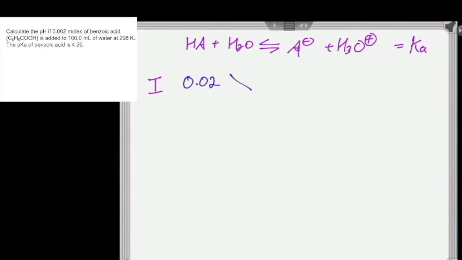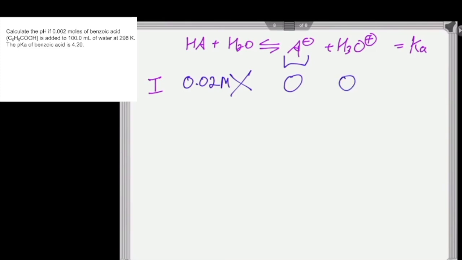You can do it with moles too. Just be really careful about the volumes you are dealing with, okay? So I usually convert things to moles and deal with the concentration values. My initial concentration of HA is 0.02. Water, I don't have a concentration. If I'm assuming that I start this out, initially how much A minus is in that solution? Yeah, nothing. Goose egg. How much H3O plus is in that solution?